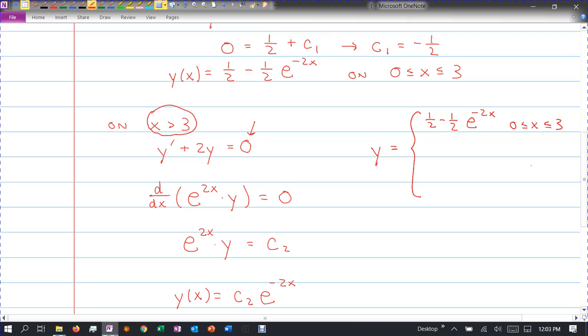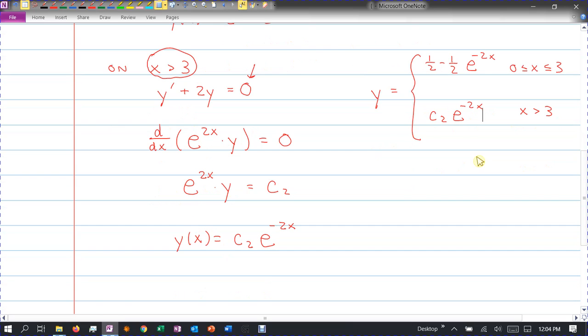And on the interval where x is bigger than 3, we know it's c sub 2 e to the negative 2x. So what we want is to try and figure out what would make this function continuous.